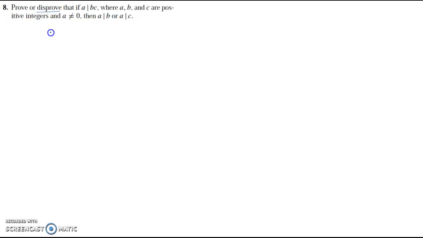Okay, so let me give a counterexample. Let A equal 6, and let me also define B equals 2, and C equals 3. I got to these numbers because B divides A, so this also works for all of these cases.